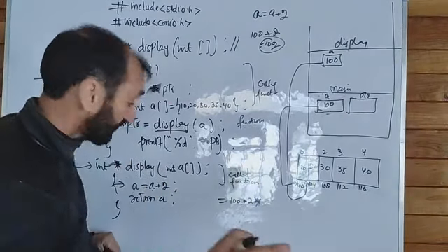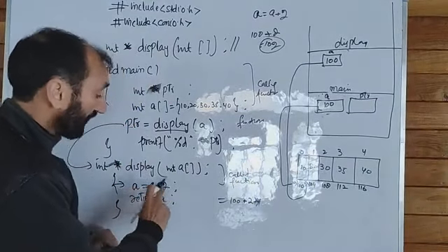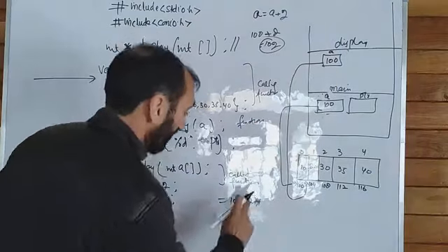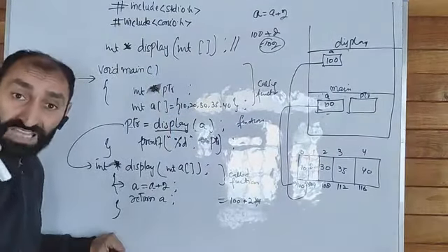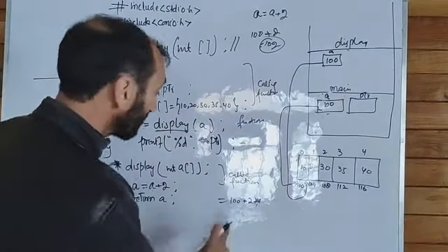In pointer arithmetic, A equal to A plus 2 means A is 100 plus 2 into the size of the data type.